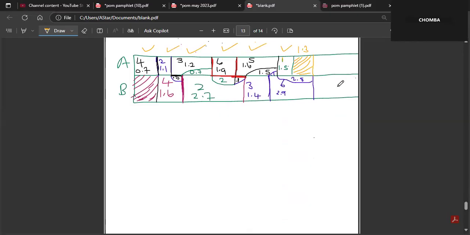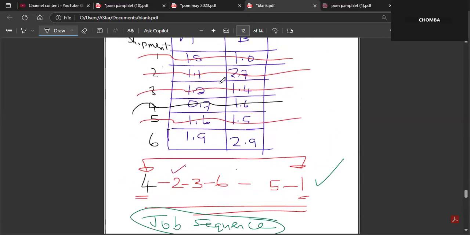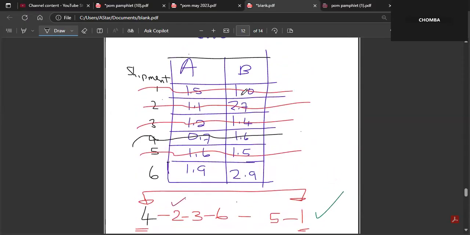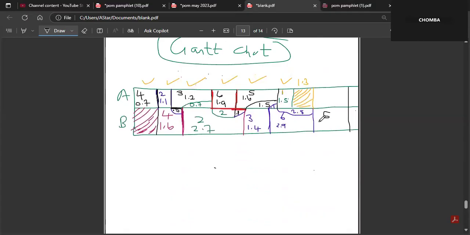So 5 should complete. Okay, so 5 to complete is taking how many hours? 1.5, right? So these people are still idle.